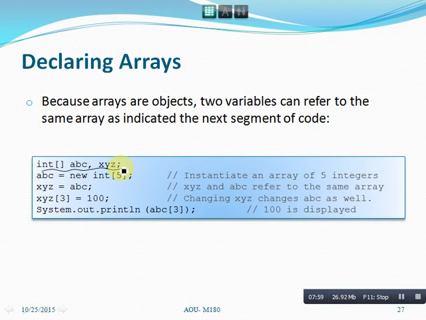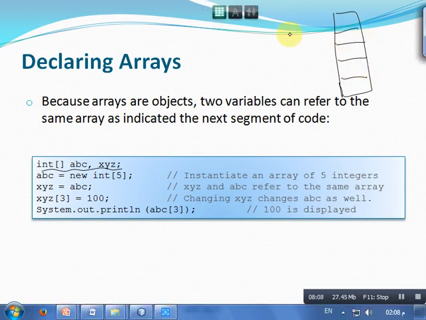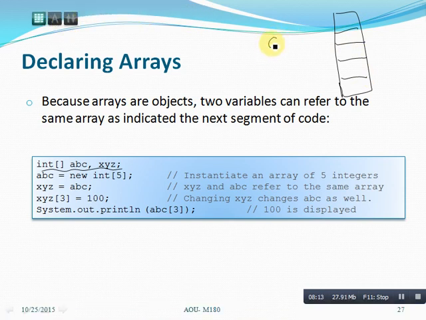So ABC is created and allocated the memory. So in the memory now it is ABC with the 5 elements. ABC array will refer to these memory locations with the initial value zeros because it is an integer array.